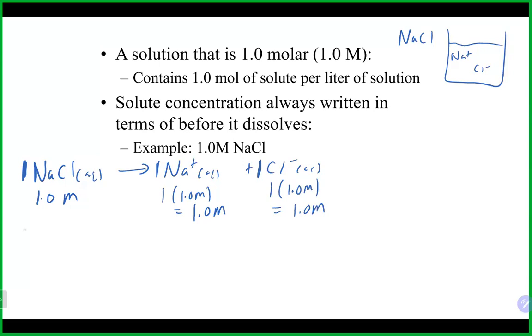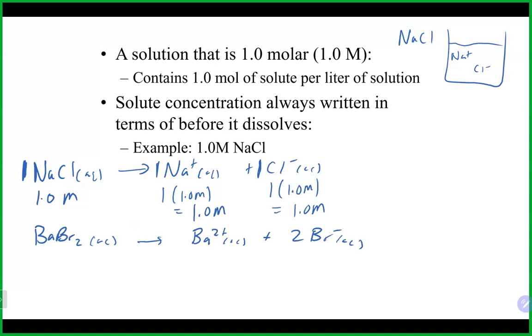Let's say we had barium bromide here. If I had a barium bromide solution, when it breaks apart, we will get a barium ion and 2 bromide ions, right?